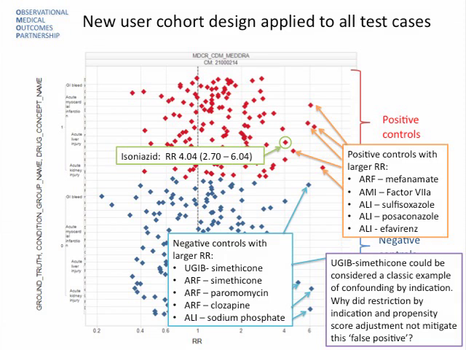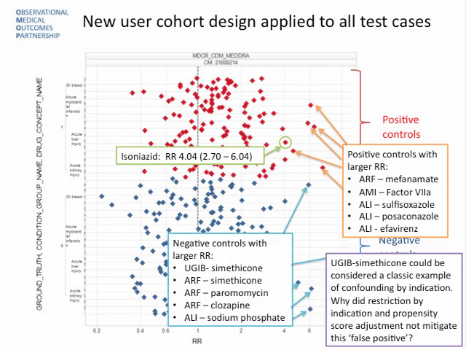So the question we're trying to understand is, why is it that when we did a new user cohort design with propensity score adjustment for all these variables, and we studied simethicone, we still generated a very large elevated risk for a GI bleed? And in particular, we're trying to understand how often this would occur if we were to use such a tool as part of a risk identification system.